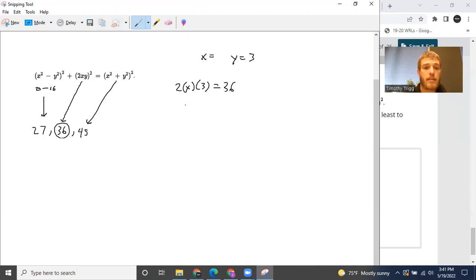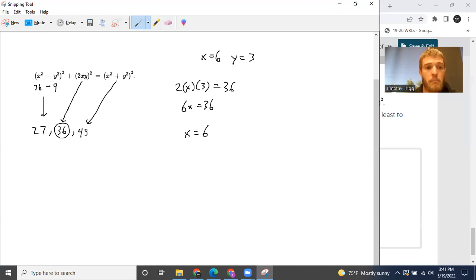So 2 times 3 is 6. So we have 6x equals 36. Dividing both sides by 6 gives us that x equals 6. And you can see it's going to work for these other side lengths as well. Notice 36 minus 9, because y squared, 3 squared, is 9, gives us the 27.